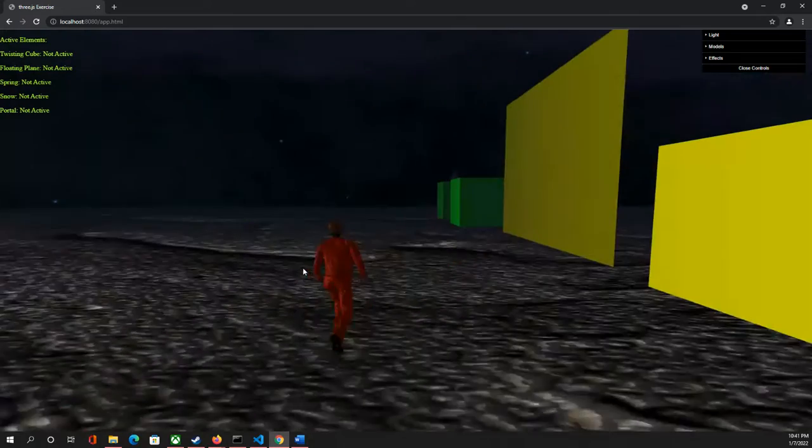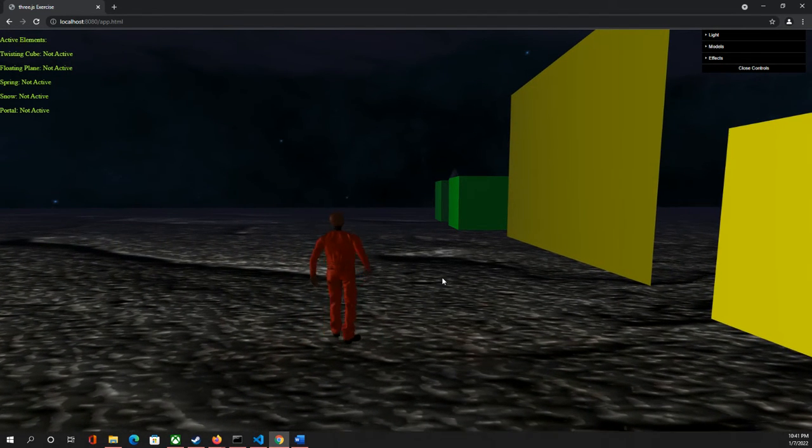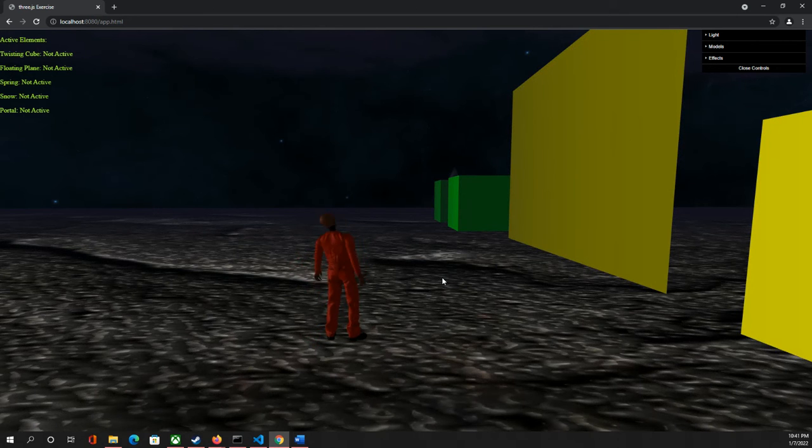And now let's talk about character animations. As you can see, the character has 7 animations, and they're activated in different states. There is an idle state, and the idle animation is played.